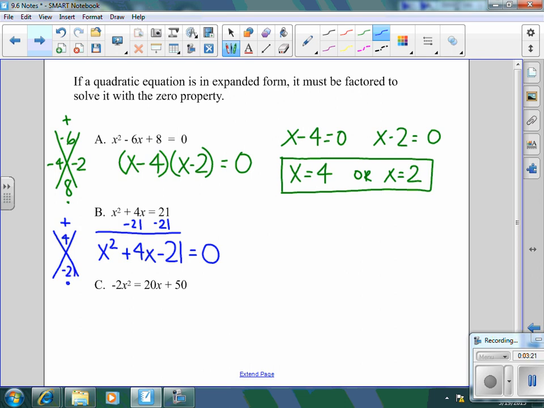The only numbers that multiply to make 21 are 7 and 3, and 21 and 1, but 7 and 3 obviously work. And because we wanted to add to make positive 4, the 3 has to be negative. So we can factor this into x plus 7 times x minus 3. And now if we set them both equal to 0, hopefully you guys know we get negative 7 or 3.